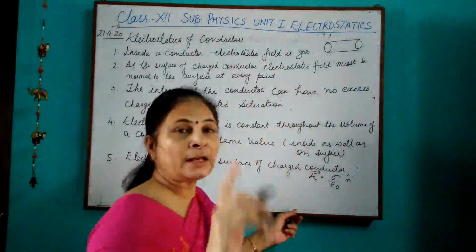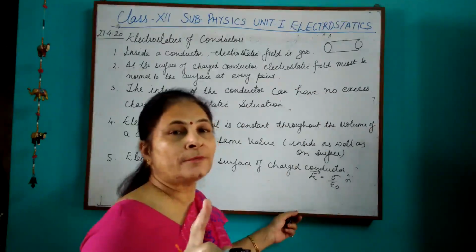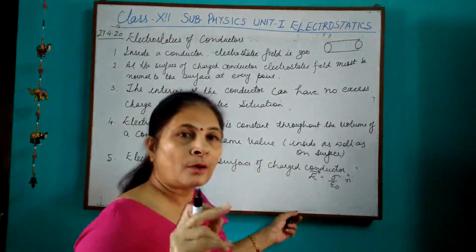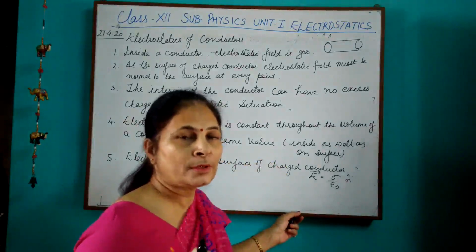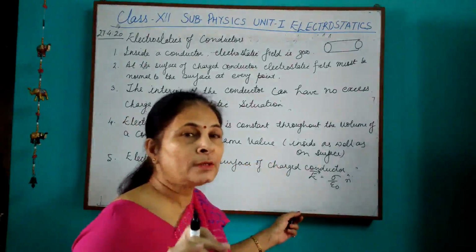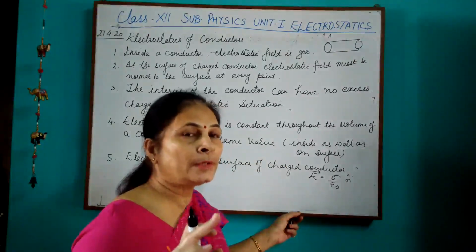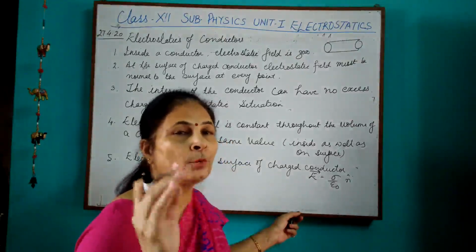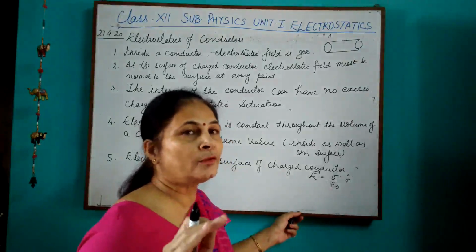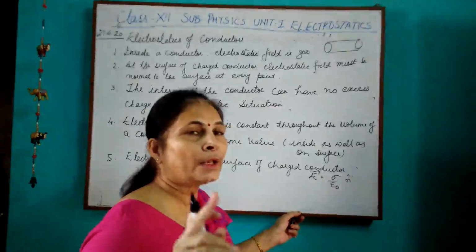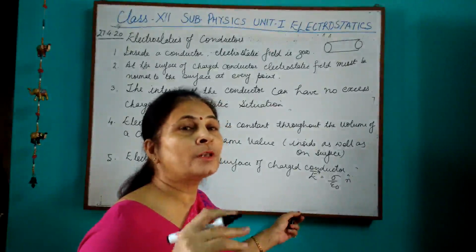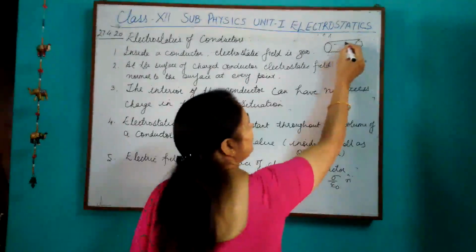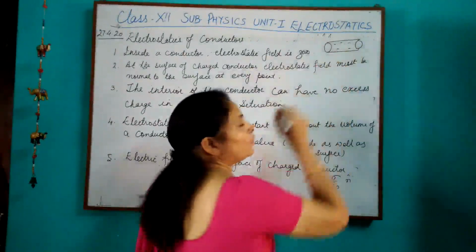But the net charge on the surface and in the metal is 0, because all atoms have equal protons and electrons. Electrons are not leaving the material permanently. So the net charge will be 0, but electrons of the outermost orbit will be free to move inside.